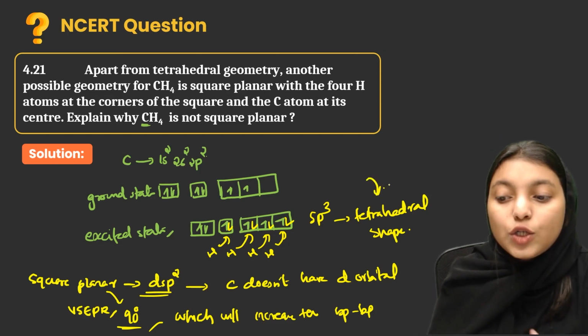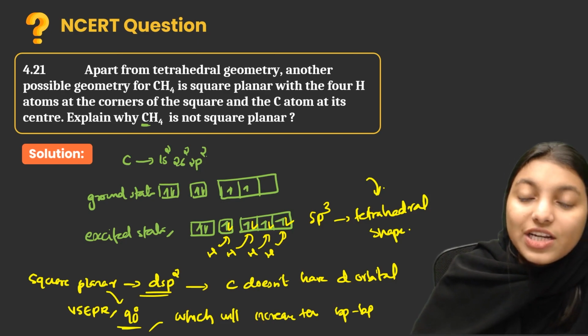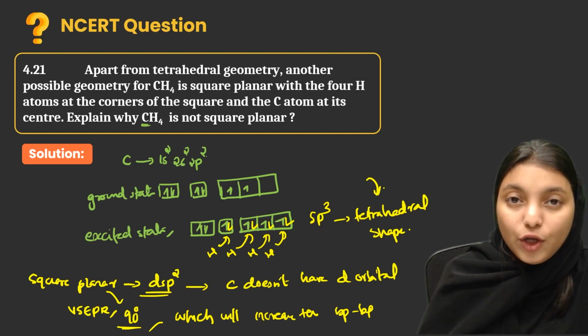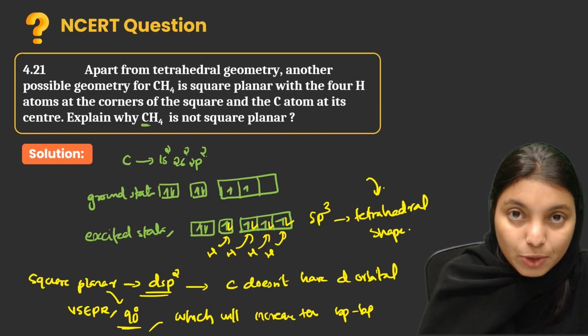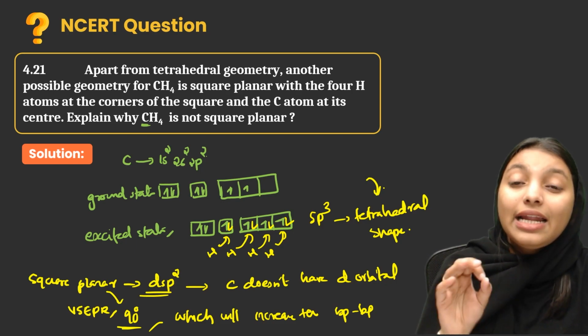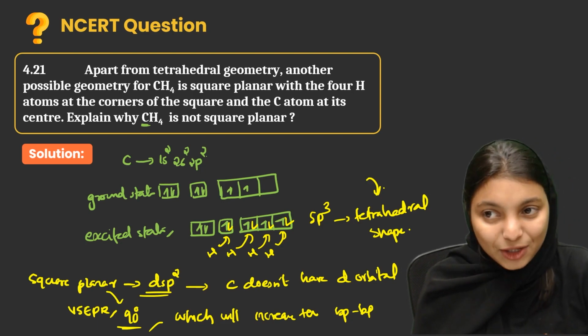That is why according to VSEPR theory, we can say CH4 can take only tetrahedral shape and not square planar shape, since carbon does not have a d orbital to form dsp2 hybridization, and also due to high bond pair repulsion with a 90 degree bond angle. Yes, I hope you understood the answer for this question. If you have any doubt, please let me know.